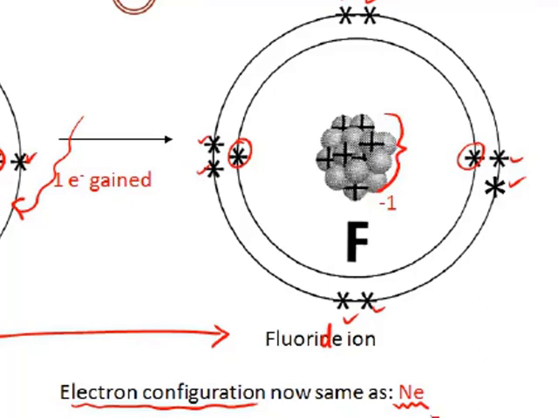It still has 9 protons in the nucleus, whereas neon has 10 protons in the nucleus, but its electron configuration is like neon's. It has 10 electrons in its electron shells, and that means that it has 1 electron more than it has protons, and so it has a charge of -1, so we write the fluoride ion as F-1.